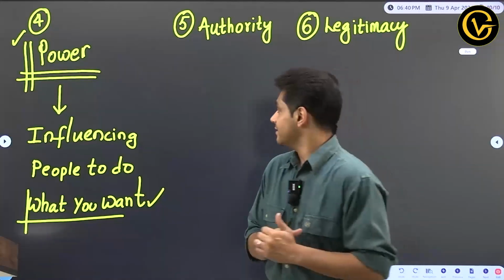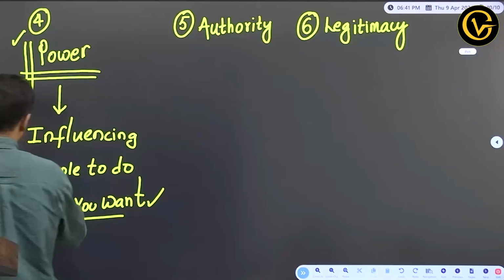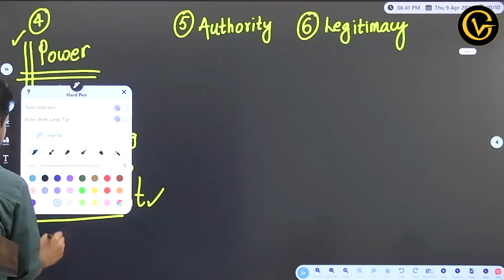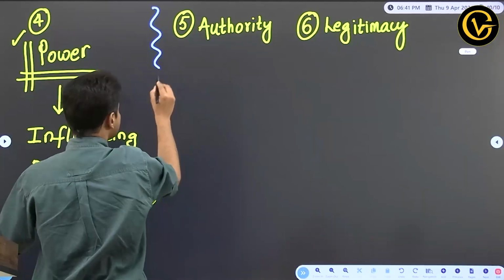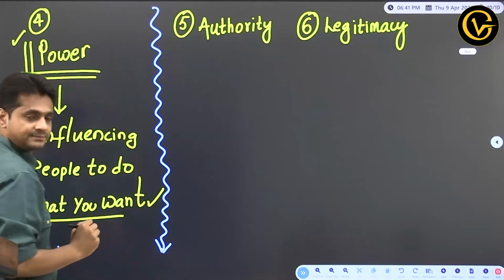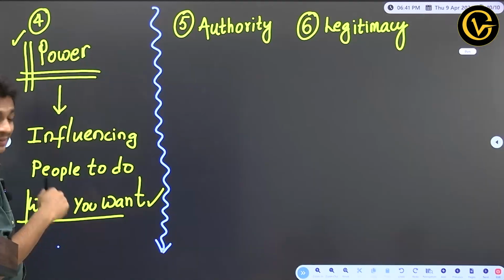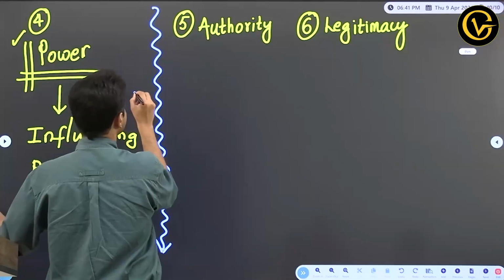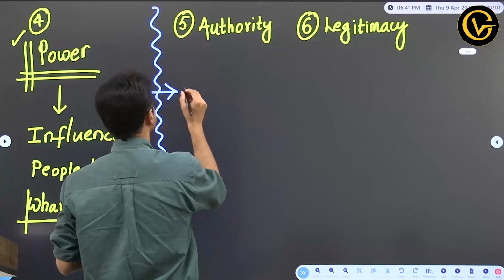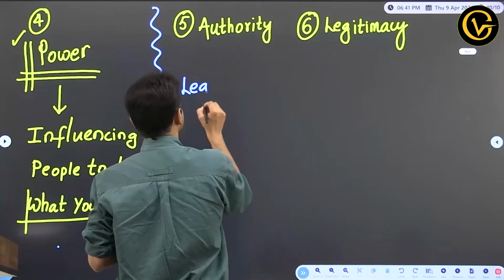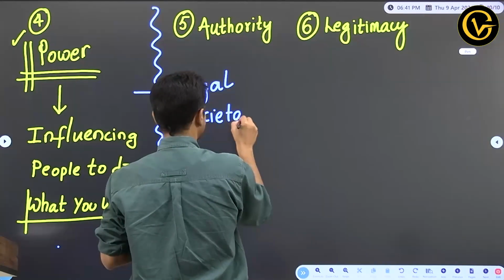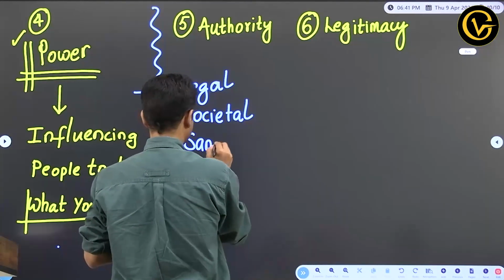Then another English word which all of you would have heard. Nothing unfamiliar about it. Authority. Then how is power different from authority? Power becomes authority when it has legal or societal sanction.